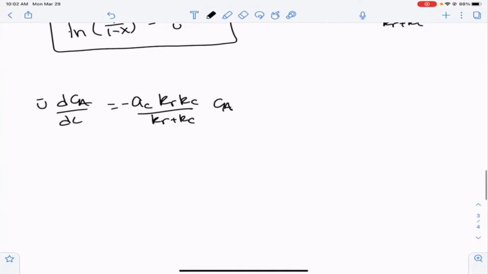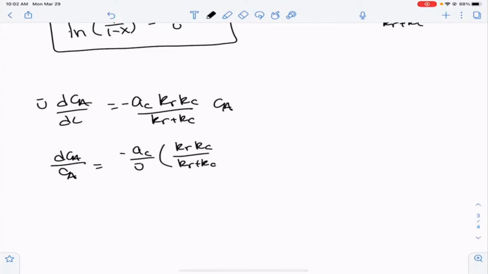We could do the same stuff that we just did and rearrange this equation. If we do that, then dCA over CA equals minus AC over U times KR KC over KR plus KC times DL.